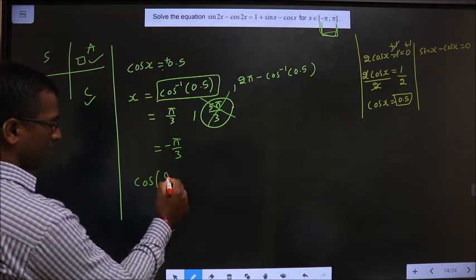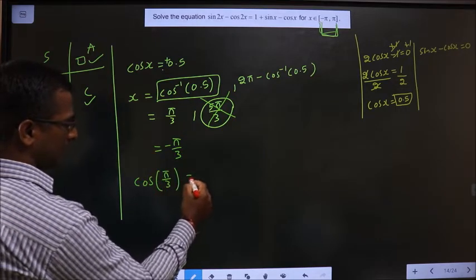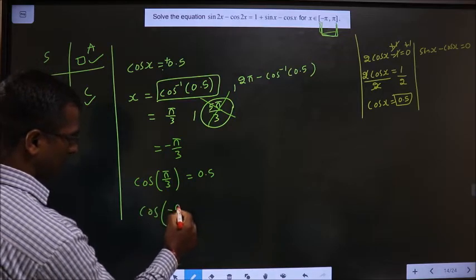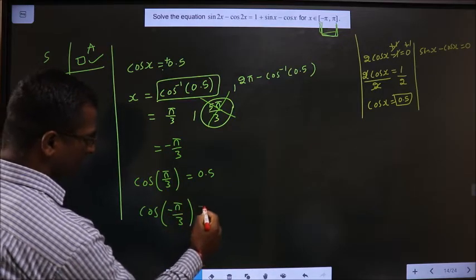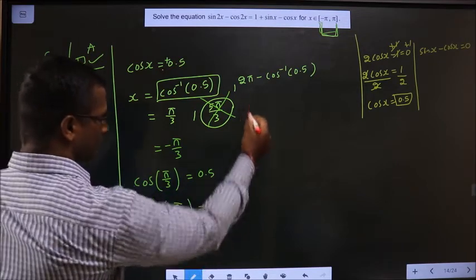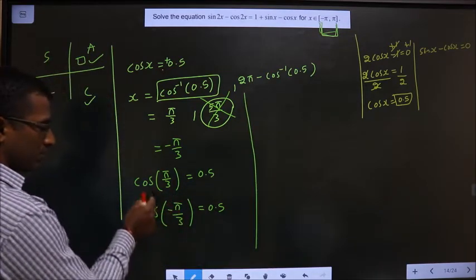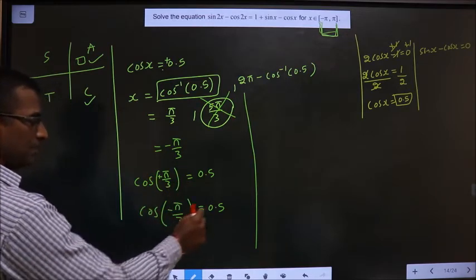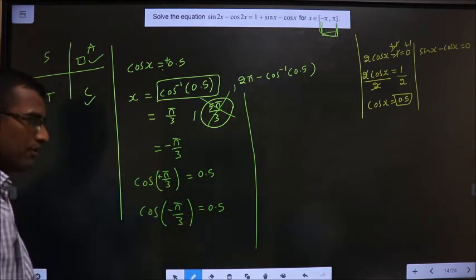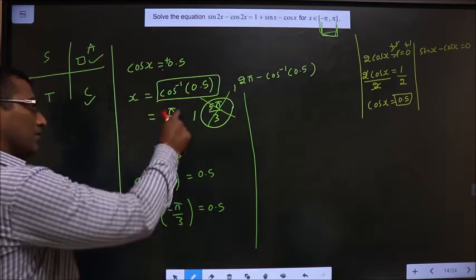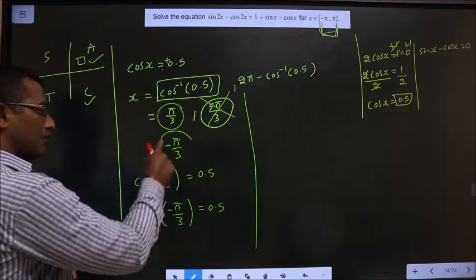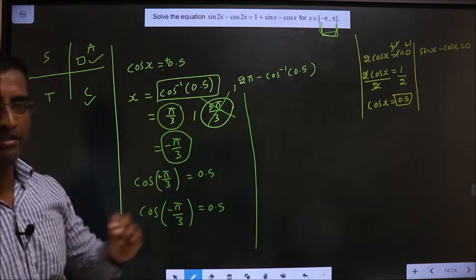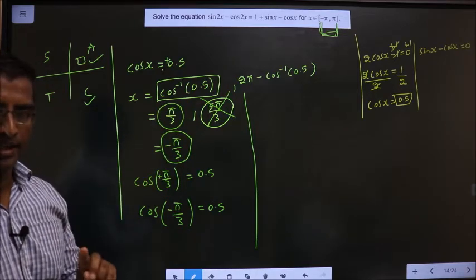Cos of pi by 3 is 0.5. Cos of minus pi by 3 is also 0.5. This is a property of cos. So if you are writing pi by 3, also take minus pi by 3, because minus pi by 3 is in the interval. Okay, clear?